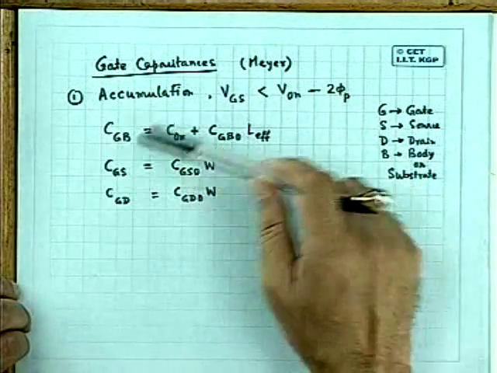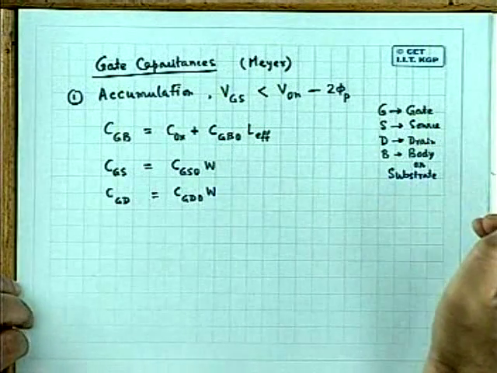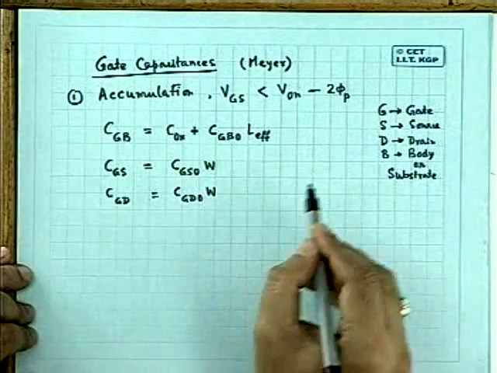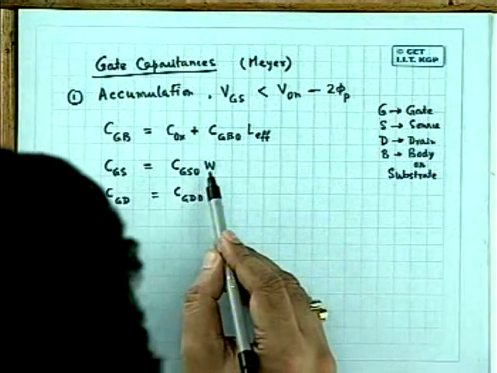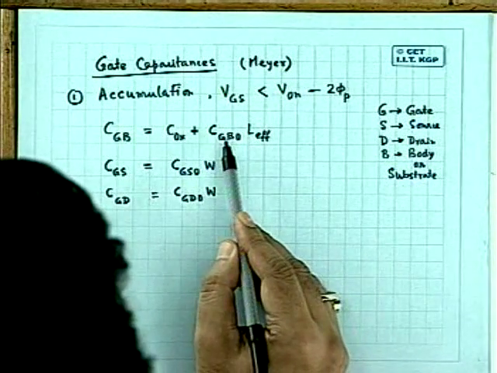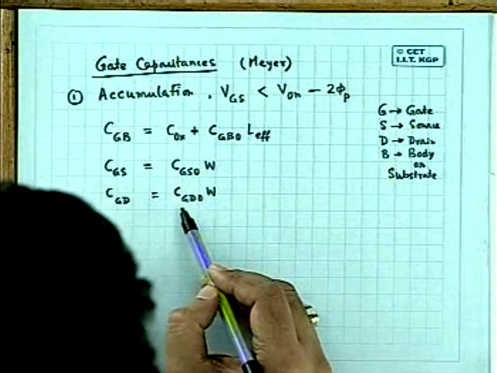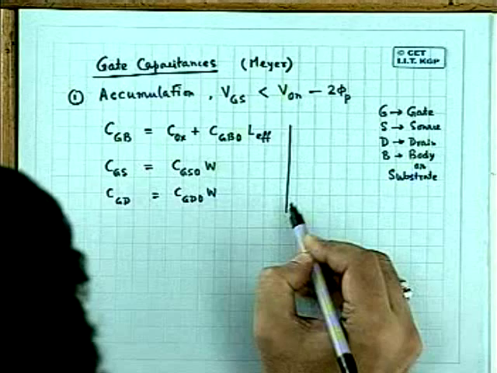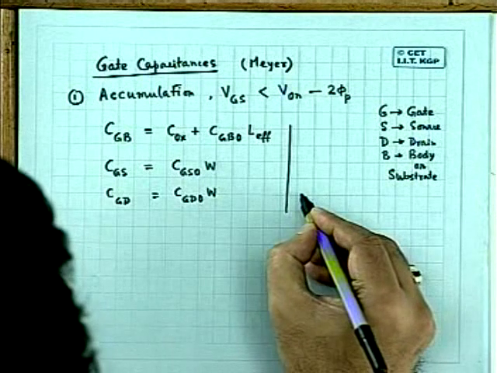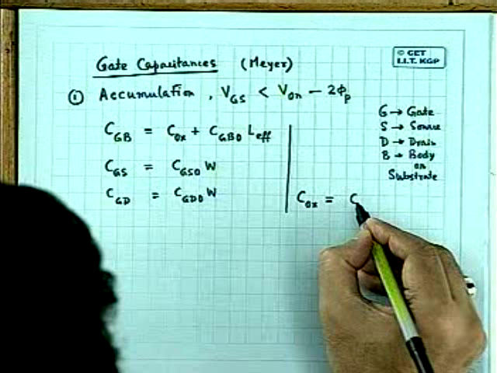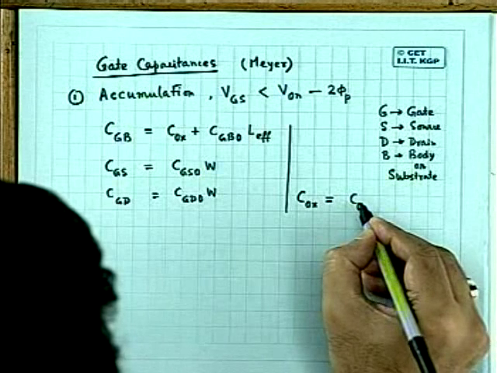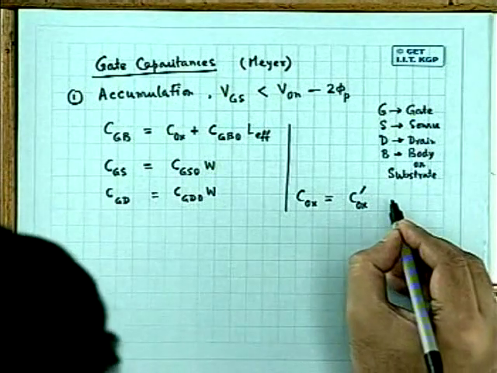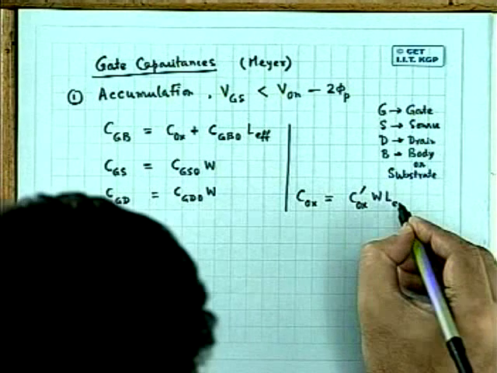Just looking at these equations, can you tell me what are the significances of this CGBO, CGSO? What are they for? CGBO, CGSO, and CGDO. Where please note that COX is the total MOS capacitance that is equal to COX dash, the per unit area value, multiplied by the area of the gate.